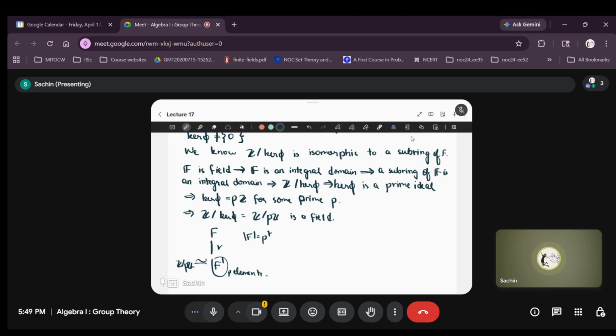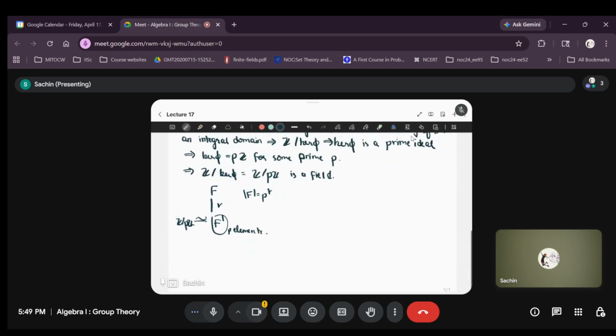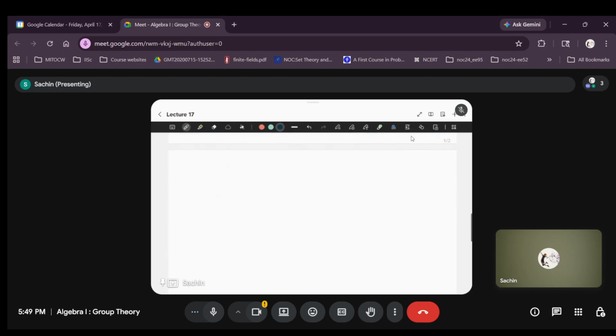I'll explain to you at least this notion of the degree of field extension. First of all, we'll go in a systematic way, even though this is very brief, not detailed.